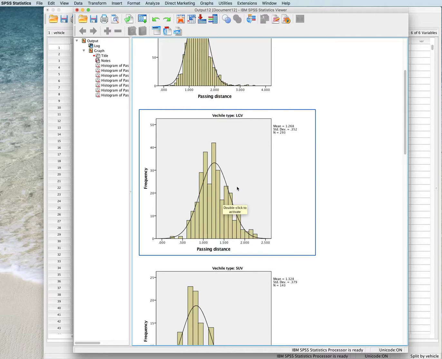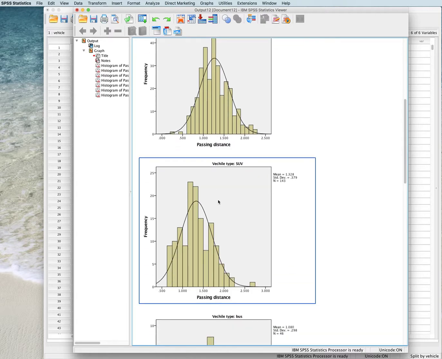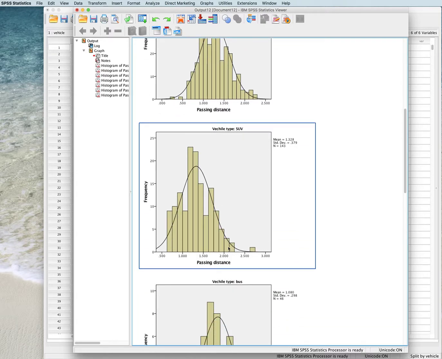Then we look at the LGVs. Again, there's some assumptions of normality violated. There's few that have gone very, very close. And most seem to be clustering around the middle range. So there's some violations, but it's not very serious. But when we get to the SUVs, we can see that actually there's some shift in behaviour.